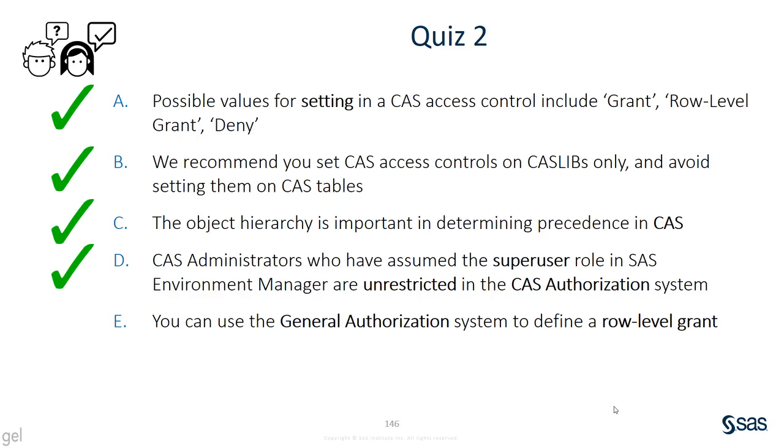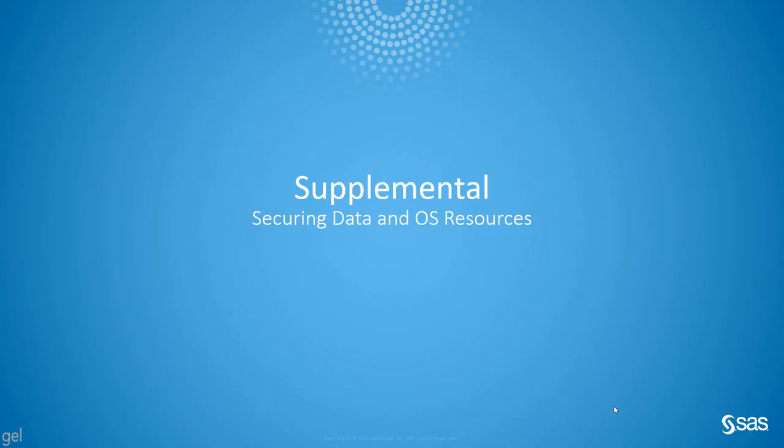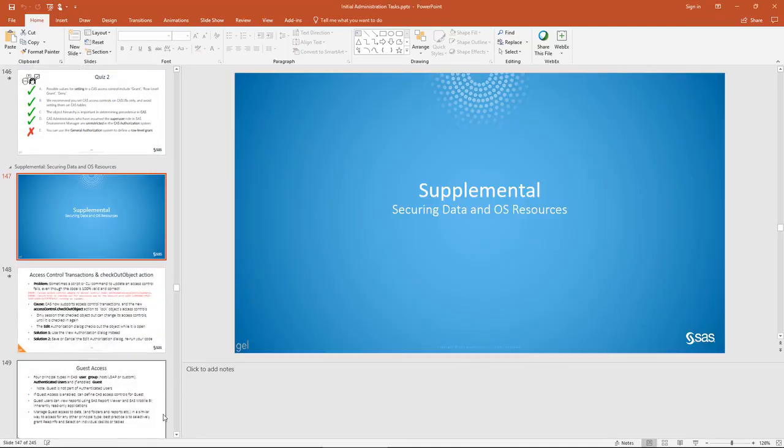You can use the general authorization system to define a row level grant. False, yeah. CAS authorization system. That's it. We have a supplemental section there. As I mentioned, it does deal with row level permissions. So if that's something you're interested in, you can go look at that.